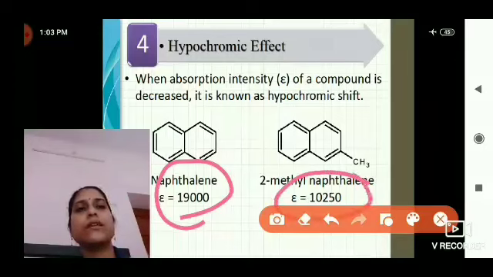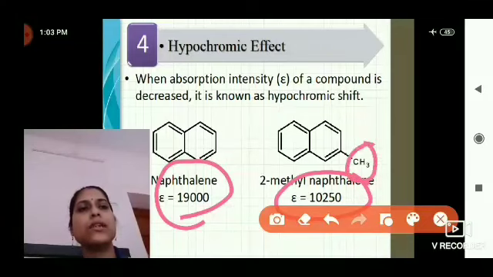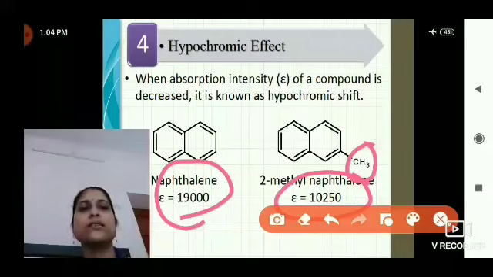You are seeing here that naphthalene's extinction coefficient is 19,000, while in case of its alkyl substituent it is 10,000 to 250, means almost 900 extinction coefficient is reduced. So this is an example of hypochromic effect.